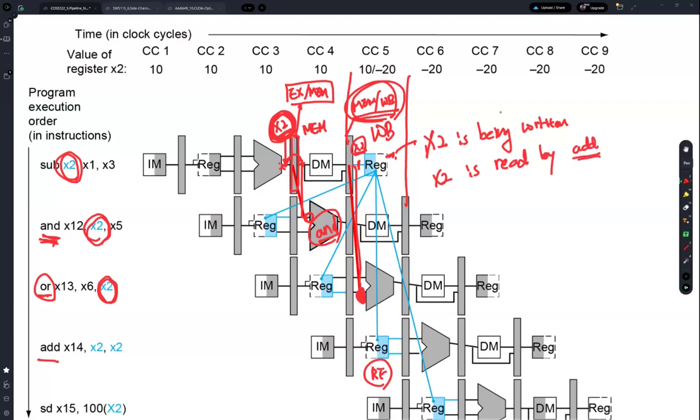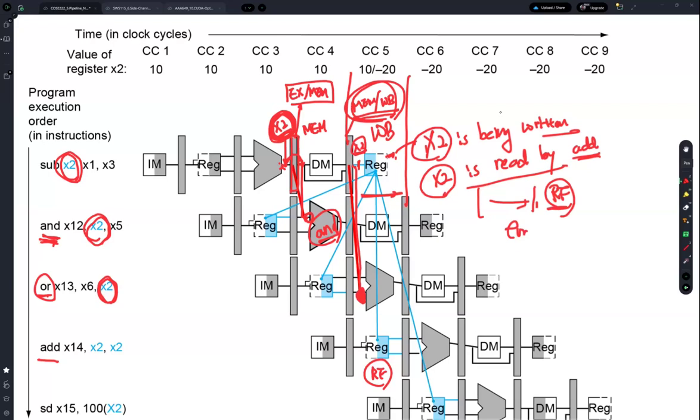In the same cycle, this forwarding is performed by the register file. So the X2 is being written, and the same X2 is read by add, and this can be forwarded inside of the register file.